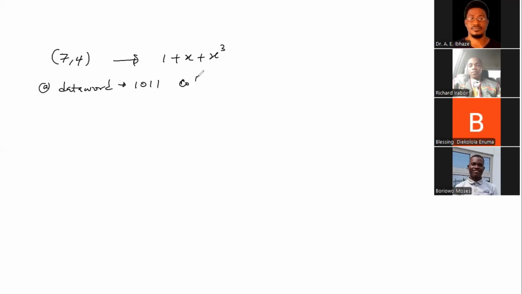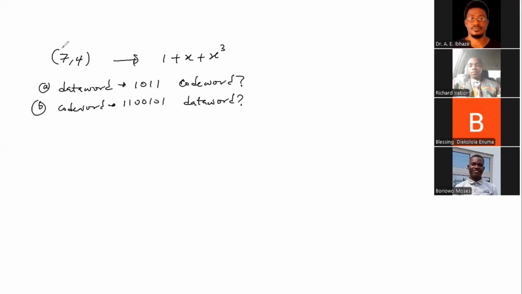So what is the code word? We don't know. And the second instance is that the code word is given as 1100101, and then what is the data word? And we've been given the generator polynomial for the 7-4 cyclic code. This is a block code.